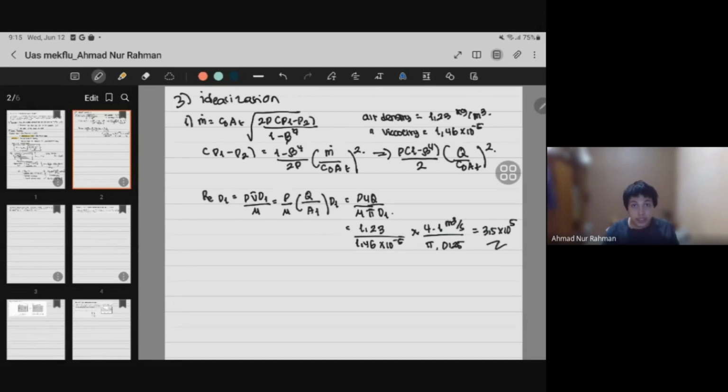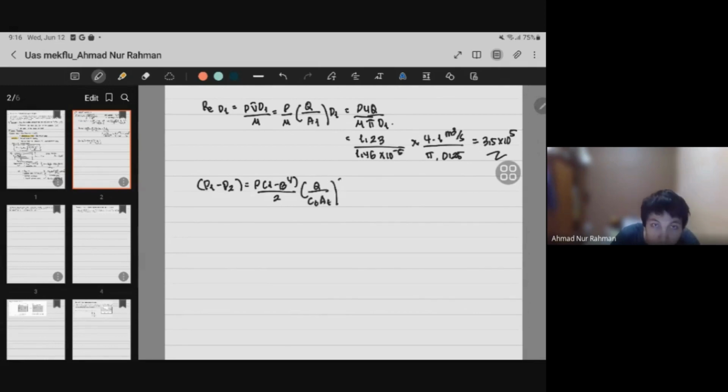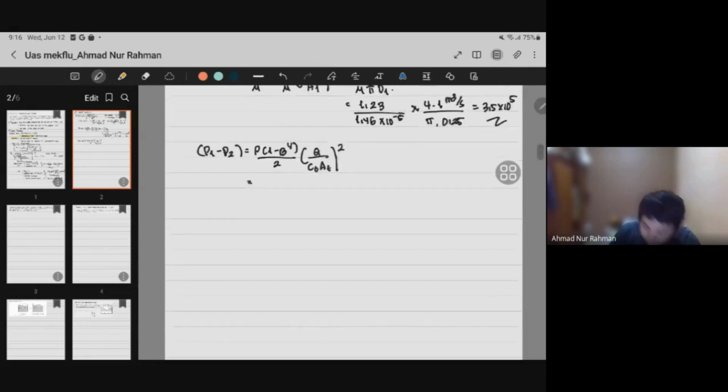So the next step is we search for the P1 minus P2 value. P1 minus P2 equals (1 minus beta to the power of 4) over 2 equals rho Q over Cd At squared. So we begin to solve the problem.